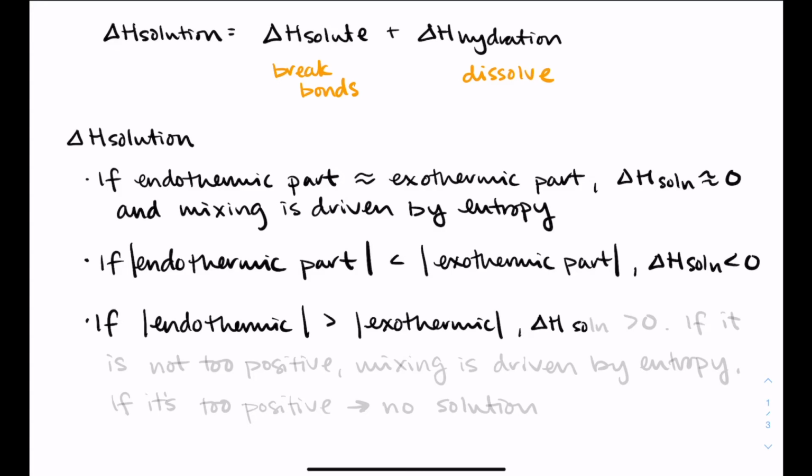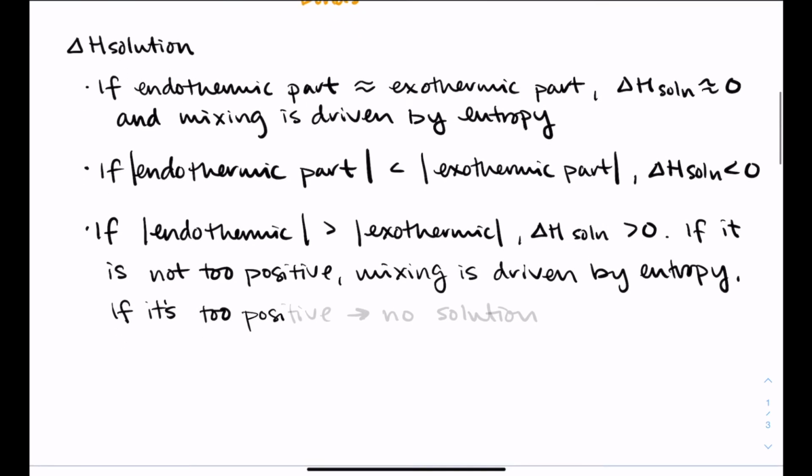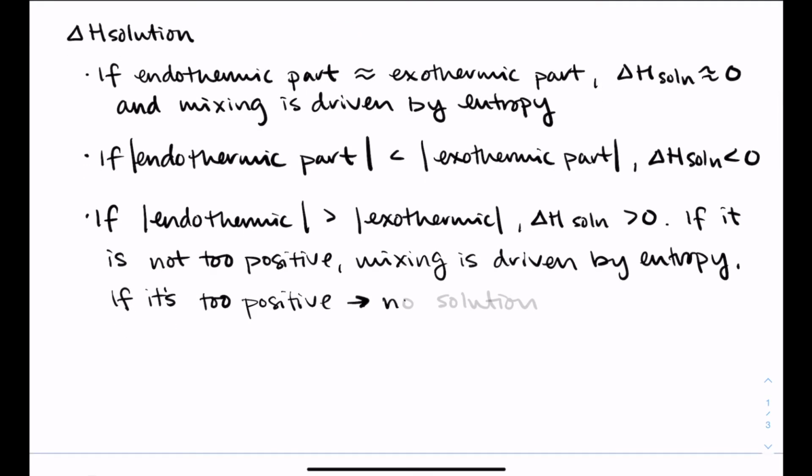It'll be greater than 0. Now, that will either mean that it doesn't go into solution or that you can't be too positive. If the enthalpy of solution is not too positive, we will still have things dissolve, but it will be purely driven by entropy.